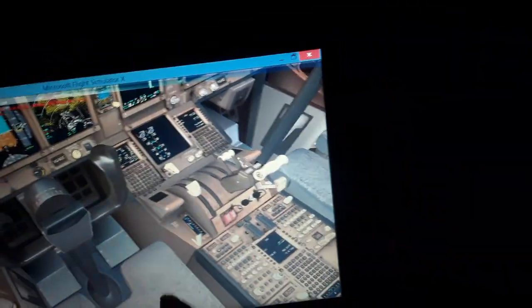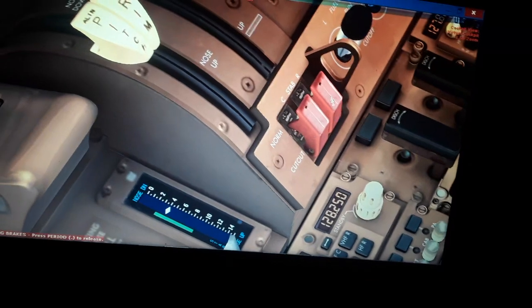Then I'm gonna show you, as I told you, the thrust levers function, the flaps, the speed brakes, the horizontal trim position, the stabilizer, also the cutout of the horizontal trim stabilizer. You open this when you have a malfunction of the horizontal trim, the CMD trim, from normal to cutout.